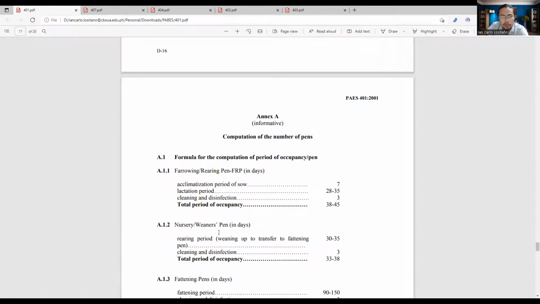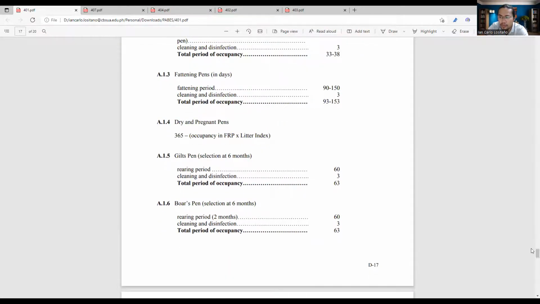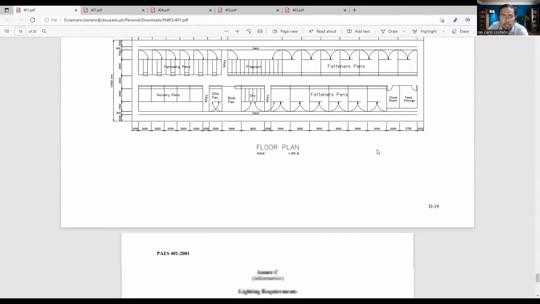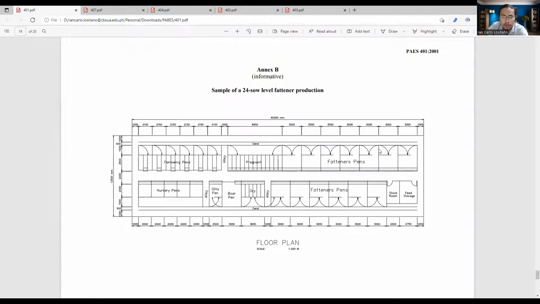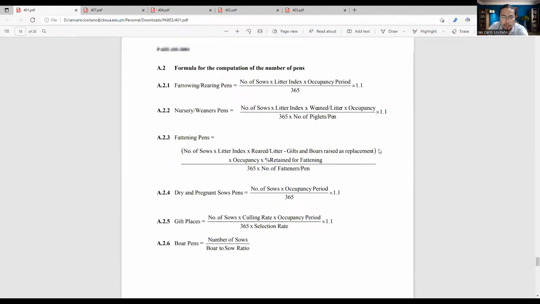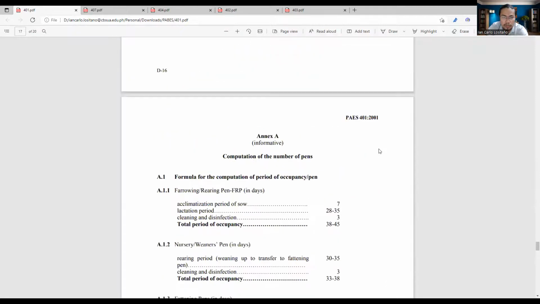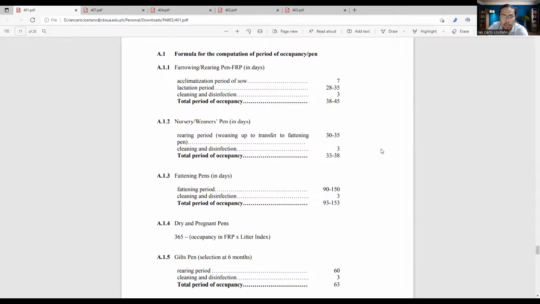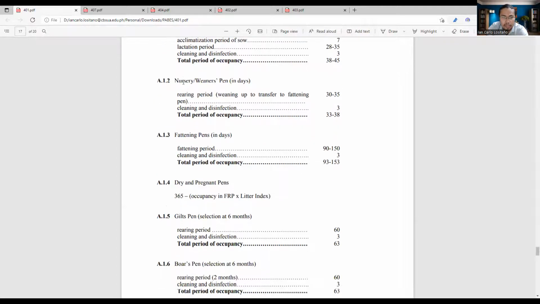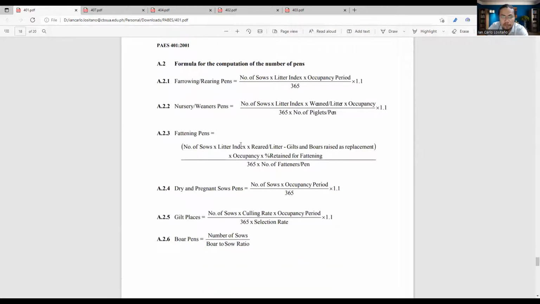Okay, so we have here the annexes A to C, and these are provided for the computations for first the number of pens required, depending on the occupancy period of the animals in a certain location. So this would simplify the number of pens required.